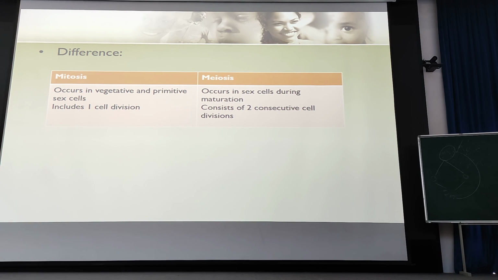And lastly, mitosis includes 1 cell division, but meiosis consists of 2 consecutive cell divisions. An important difference you can see is that in mitosis it is 2N, and in meiosis we just have haploid.